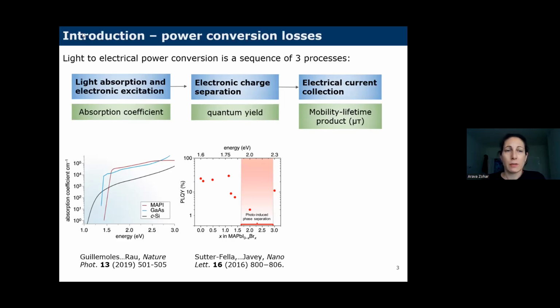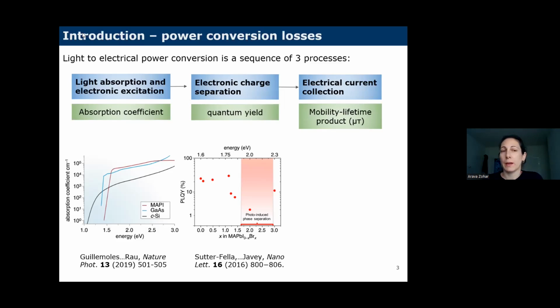So the photovoltaic process can be broken into 3 things. One is the light absorption that creates excitation. The second process is the separation of the electrons and the holes into free carriers. And the third process is the collection of those holes and electrons.